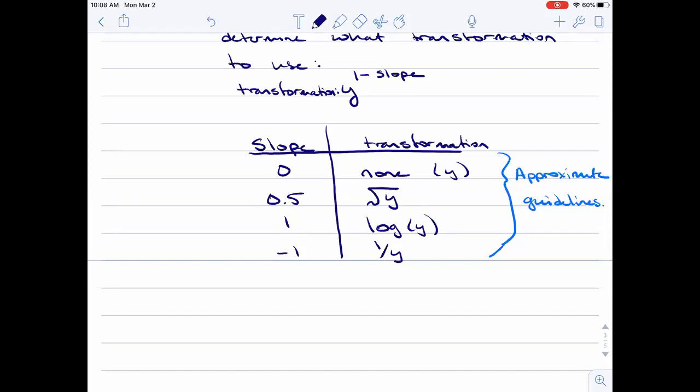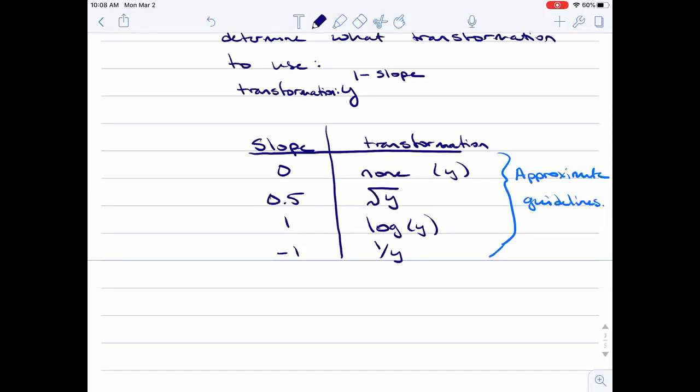But honestly, I'm not sure. I haven't played around with it too much. Is it logical that if it's a positive number, we stay with the log, and if it's a negative number, we stay with the 1 over y? Yeah, I think that sounds reasonable.